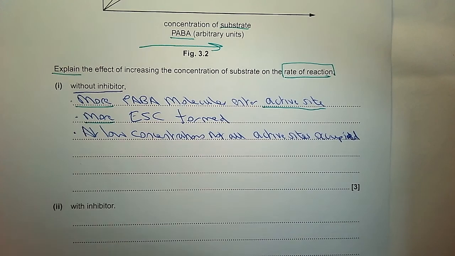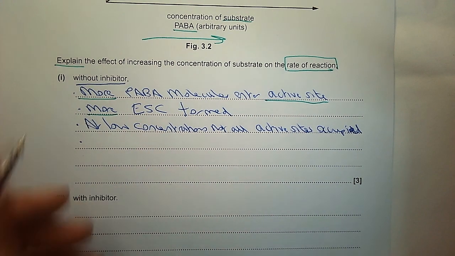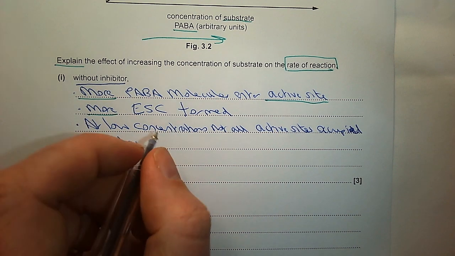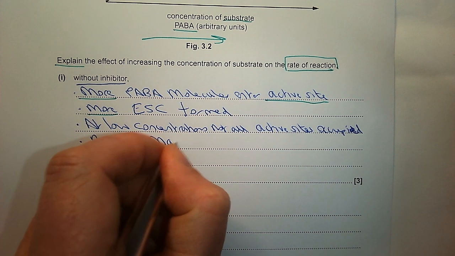So we can say that it reaches maximum turnover rate, which is Vmax. And that's when there's a high concentration level, so that's at a high substrate concentration level.